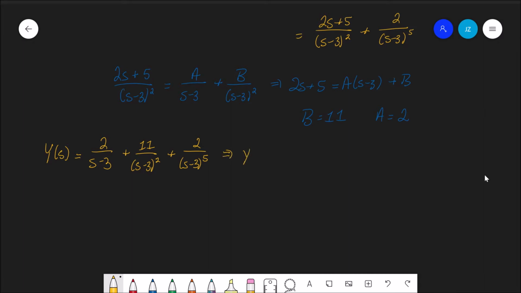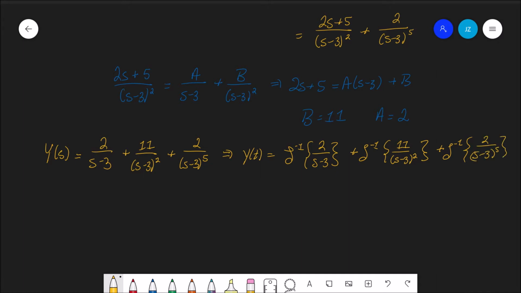Which means that y of t will be the inverse transform of 2 over s minus 3 plus the inverse transform of 11 over s minus 3 squared plus the inverse transform of 2 over s minus 3 to the 5th power.